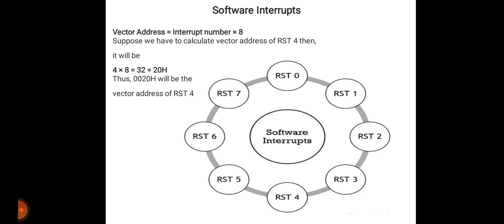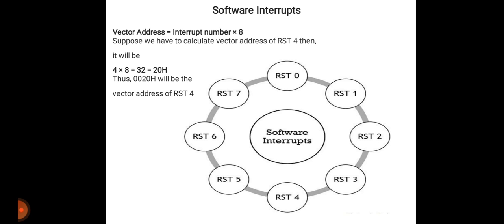The next one is software interrupts in 8085. There are a total of 8 software interrupts present in 8085, that is from RST 0 to RST 7. As you can see in the figure, whenever a software interrupt is generated, its vector address is calculated like this: vector address is equal to interrupt number into 8.